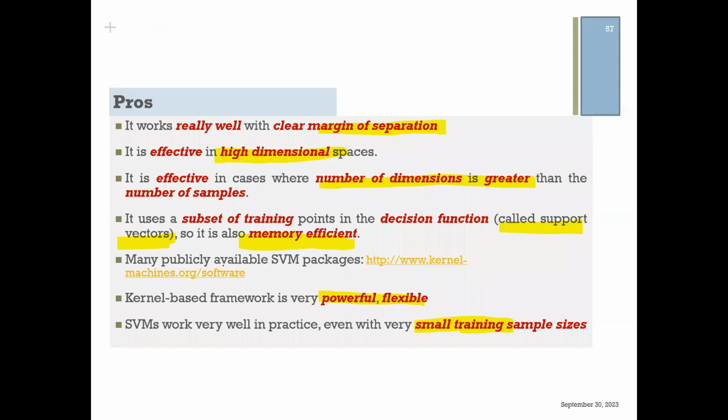Now, the pros of support vector machine, the advantages, the positive side of it, include that it works really well with clear margins of separation. We've demonstrated that in our previous videos. It's also effective in high dimensional space. We said the secret behind it is that once it's trained, it will represent the entire data by the few support vectors.